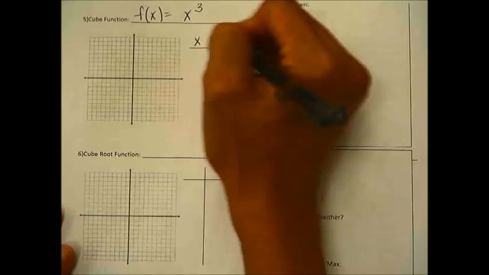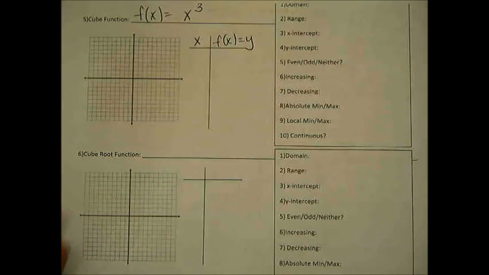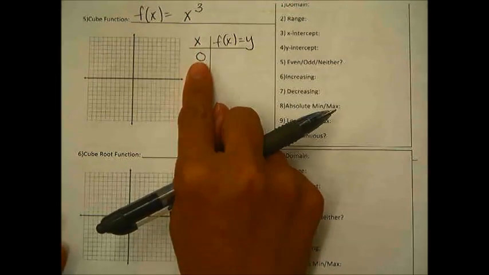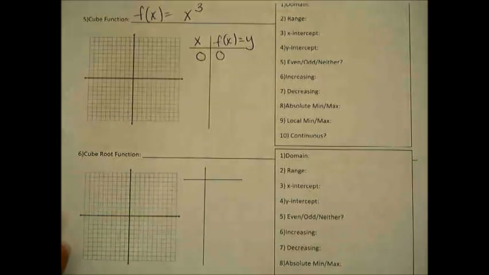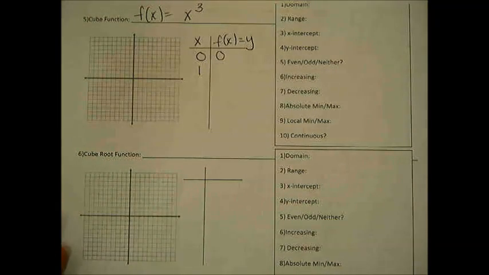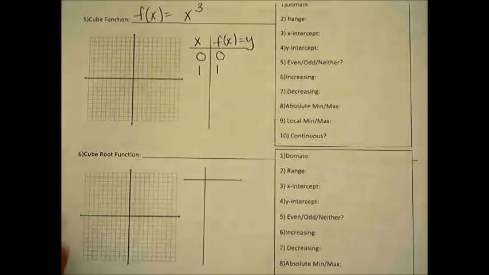Let's do our input and output chart. All right, let's put in 0. 0 to the third power is 0. Let's do 1. 1 to the third power is 1.